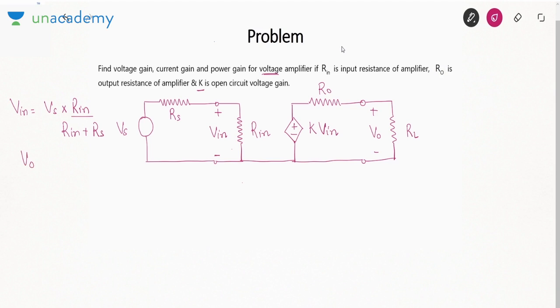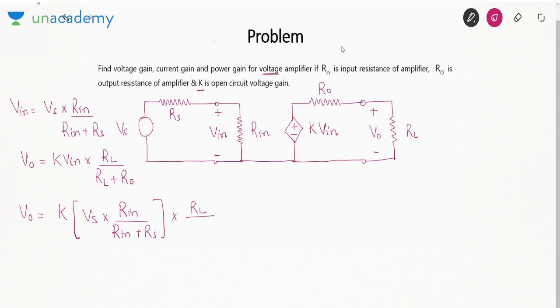If I find V out by voltage division, it is K Vin into RL over RL plus R0. If you substitute the value of Vin, you will write K Vs into Rn over Rn plus Rs into RL over RL plus R0.